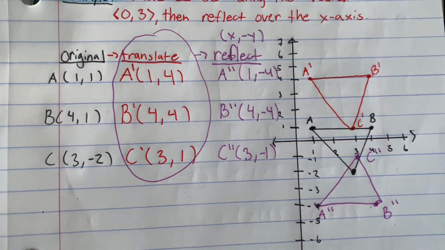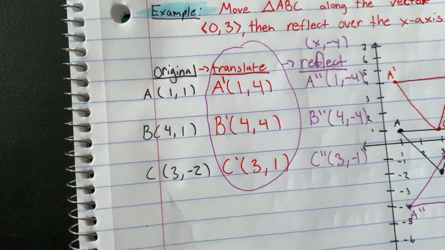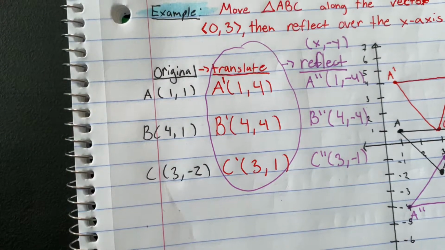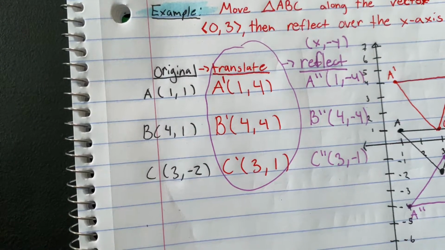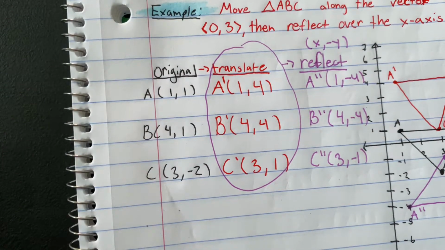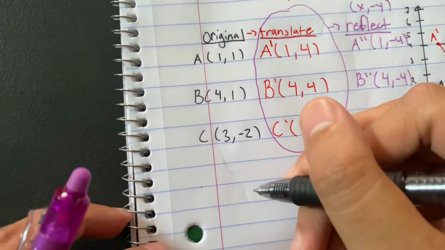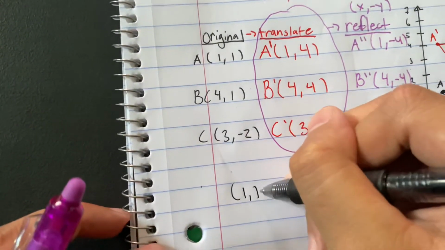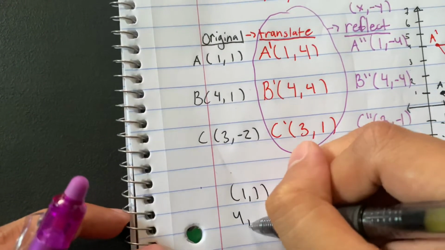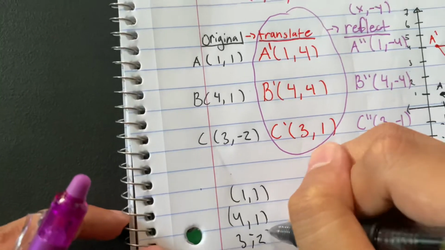And you could see, from this, the original was 1 and 1. And then our final result for the reflection is 1 and -4. So let's write that down because there is a pattern going on. So let's say 1, 1, 4, 1, and 3 and -2.